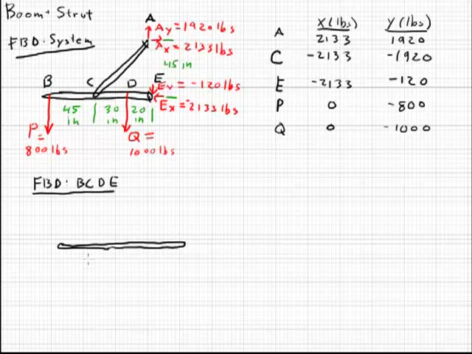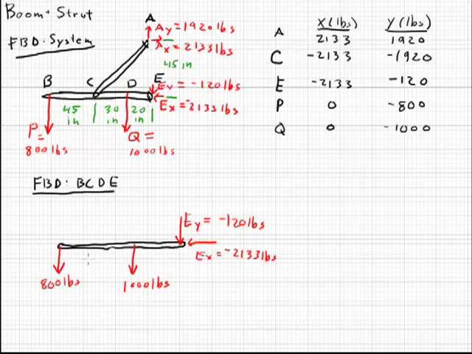So here we have downward force of P, downward force of Q, EY of negative 120 pounds, and EX, which is negative 2133 pounds.